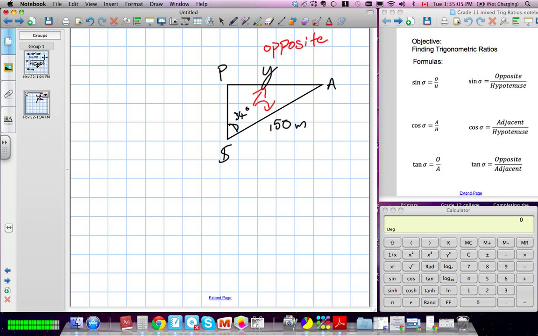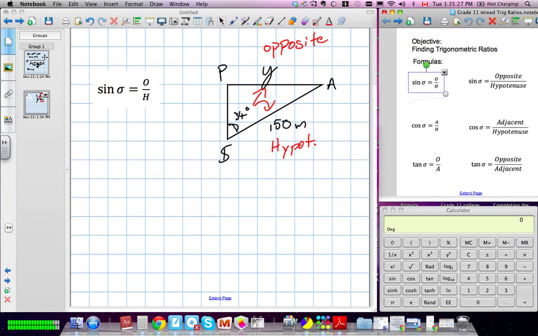Okay? So in other words, when we go over to our ratios, we need something that deals with opposite and hypotenuse. When we go over here, what do we get? We're going to sine ratio. So, we have our sine ratio. We're going to be replacing theta with 34 degrees. So we have sine 34 is equal to, we're looking for the opposite, so we're going to call that y, and the hypotenuse is 150.